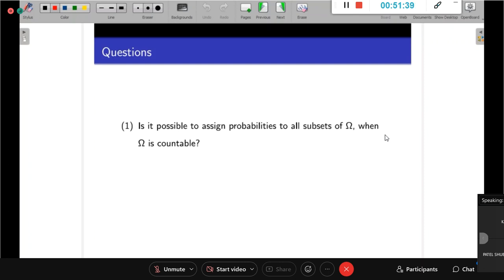Because the probability of the whole sample space, the set of natural numbers, if you use the countable infinite additivity, you will fail to prove the second axiom, since that series will not converge. Each member is zero, so then it is possible to assign probabilities. Is it possible to assign probabilities to all subsets?